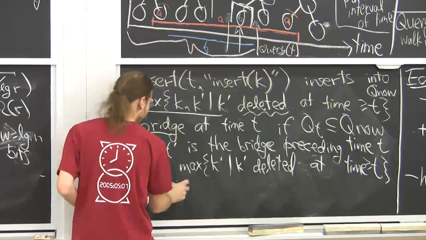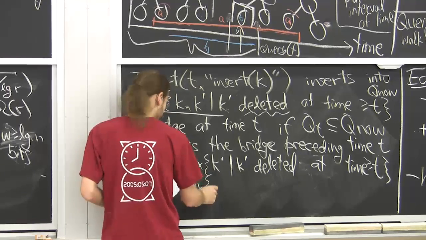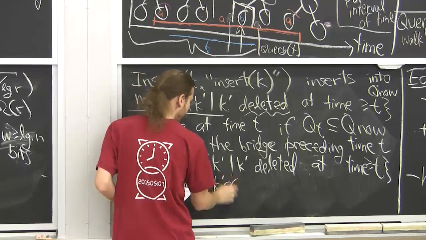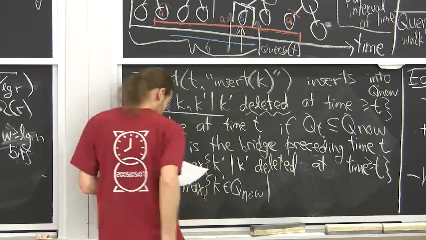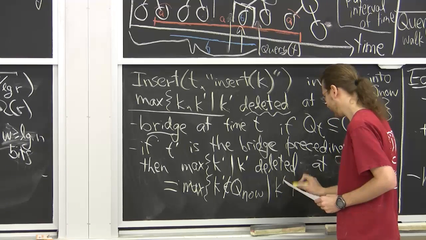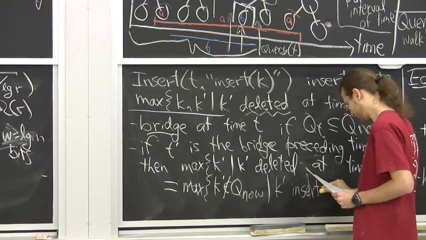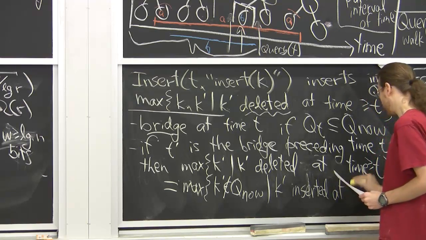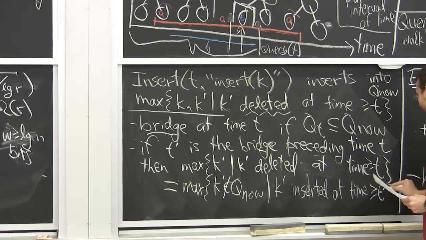Claim this equals the max over all k prime not in the final queue, because those guys obviously still exist, where k prime is inserted at time greater than or equal to t prime.